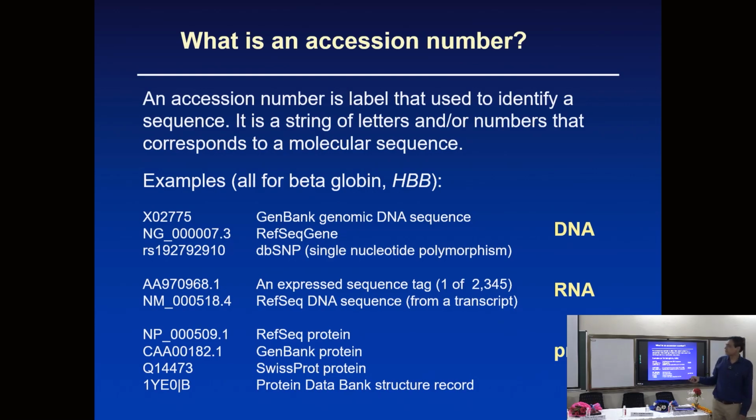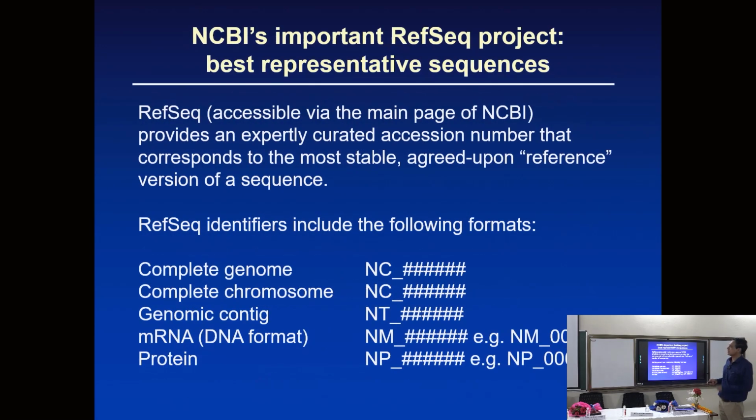And for protein, NP, where P comes from the first letter of the word protein. So for RefSeq DNA data, genome, chromosome, and contig, they start with NC or NT; messenger RNA, NM; protein, NP.